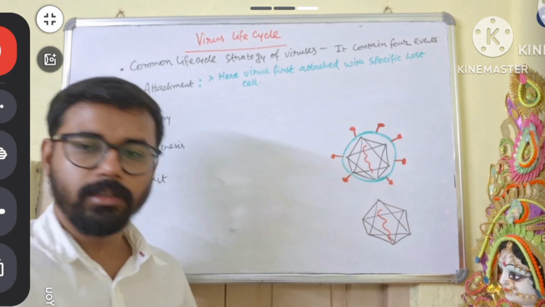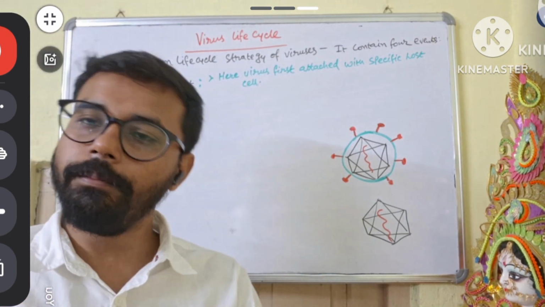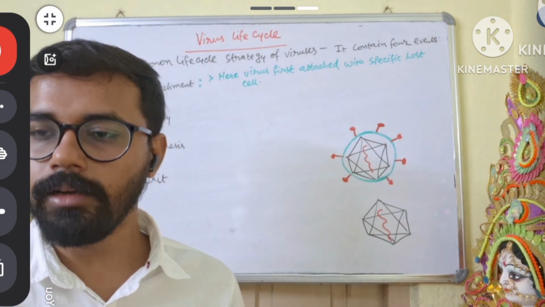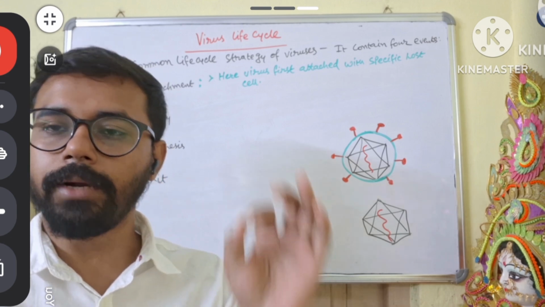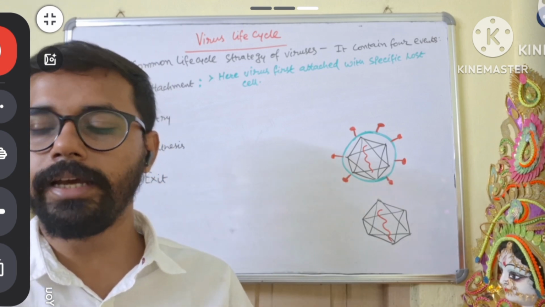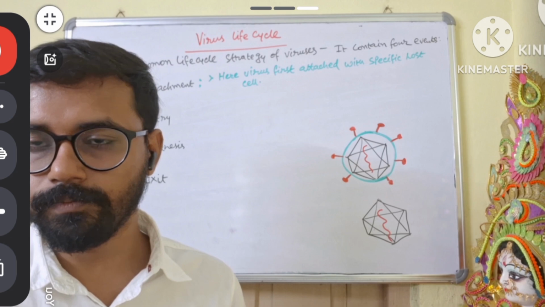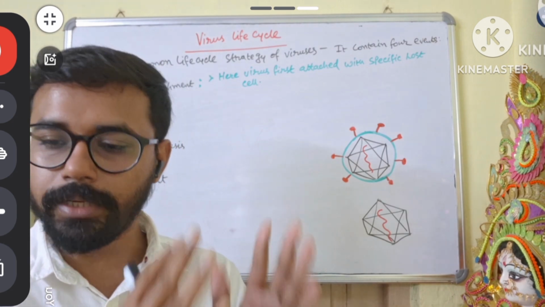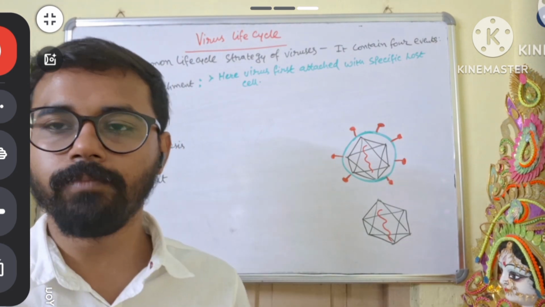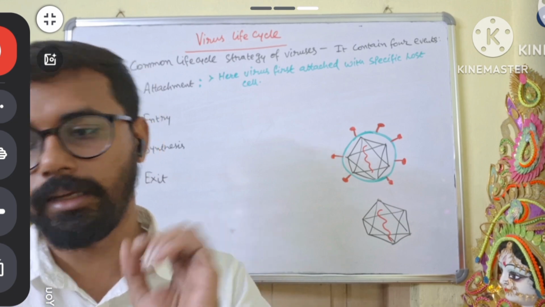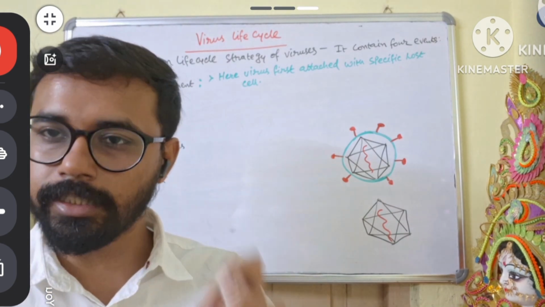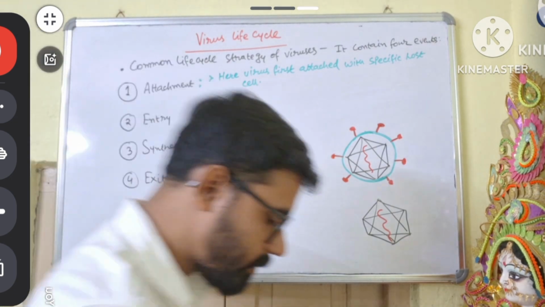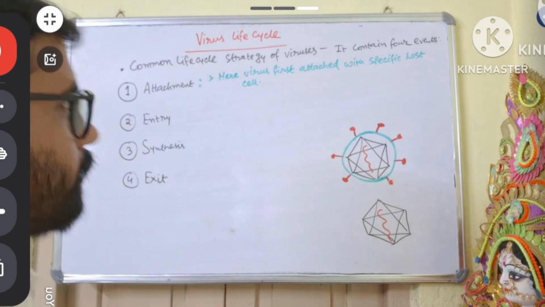Now you may argue, there are many cells in our body, but the virus only affects a particular host. How is that achieved? This specific interaction, the specific attachment, is achieved by receptor-ligand binding.